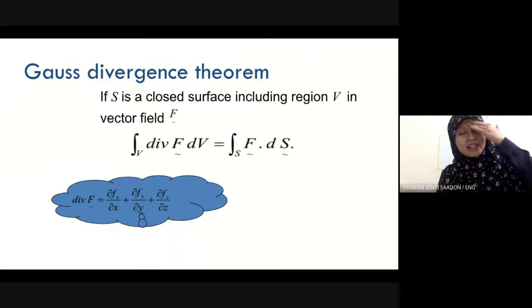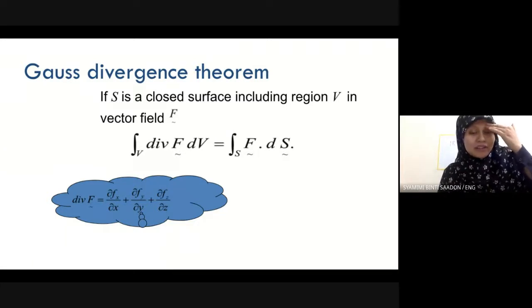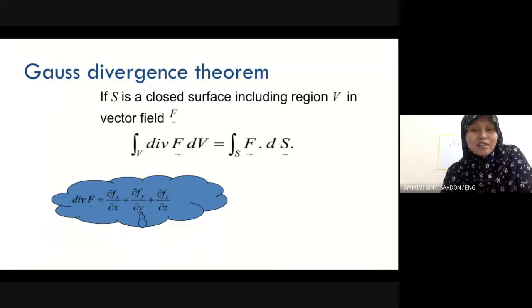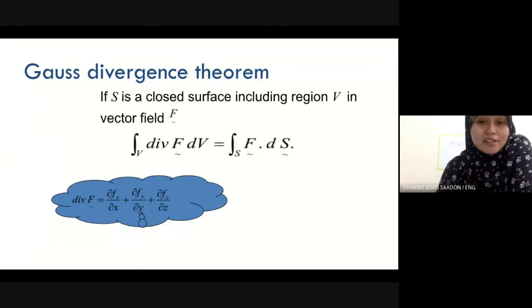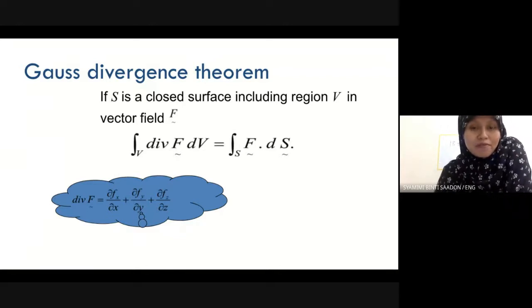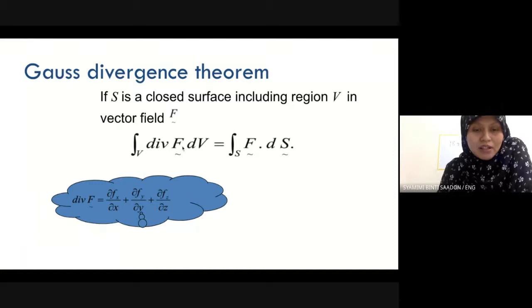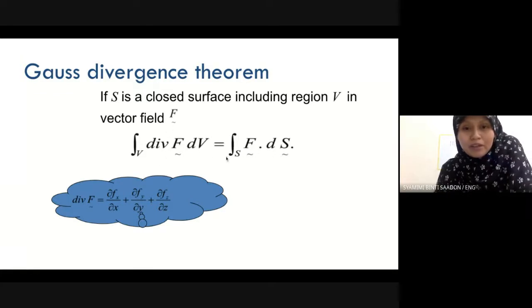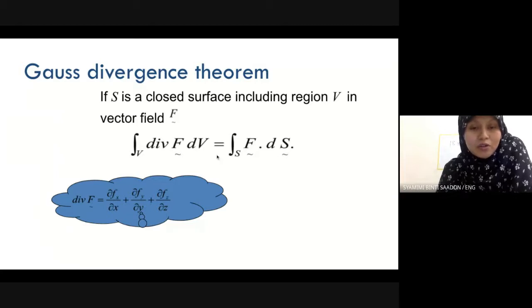So there are another two theorems for vector calculus integrals. What the Gauss divergence theorem says is that if S is a closed surface enclosing region V in vector field F, then the divergence of the vector F over the region V, the volume, equals the integral of vector F over the surface dS.